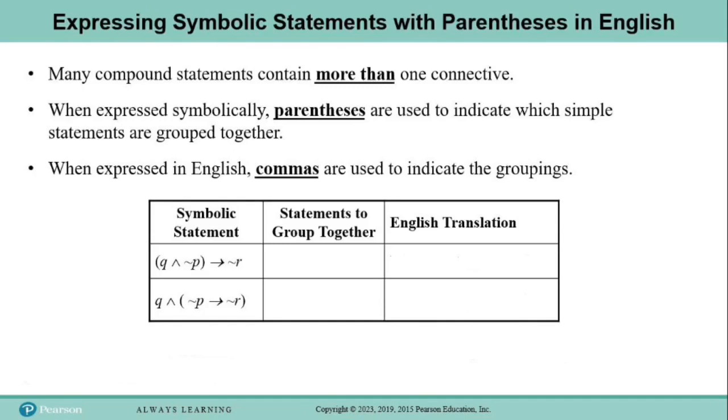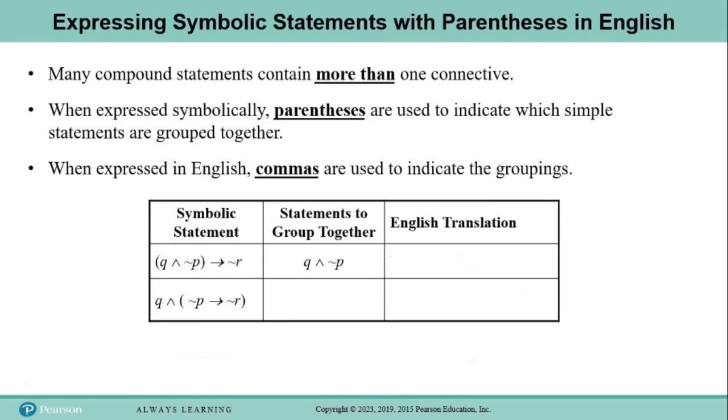So if you look at these two symbolic statements, they are exactly the same in every way. They have all the same statement labels and they have all the same connectives, but the only thing that's different between them is the grouping. So in this first one, we have the Q and not P grouped together. And then we have this if-then connective here.